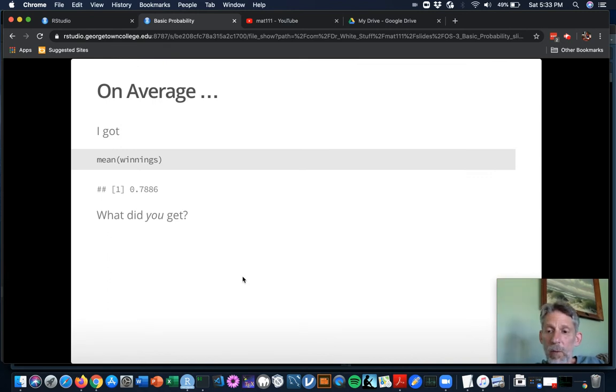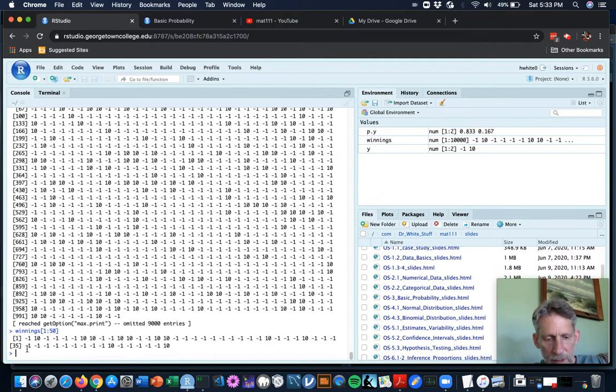But what I wanted to do was to estimate the expected value of this random variable. And remember, that was supposed to be the average of all the numbers you got. So we need to take the mean of our winnings. Let's do that. Here, I'll see if I can type that into my console just for practice.